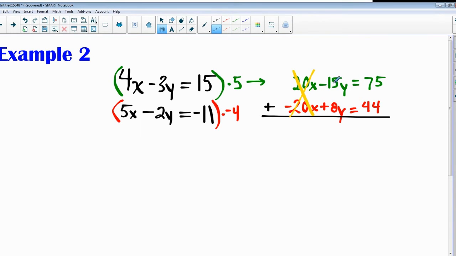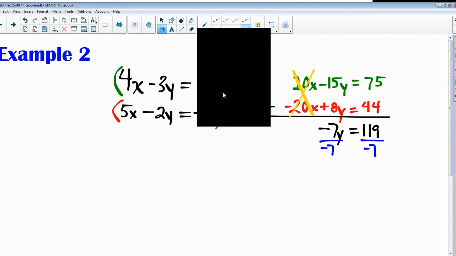And then -15 plus 8 is -7y. 75 plus 44 is 119. Now, believe it or not, I do think that -7 goes into 119 nicely. Let's think about this.